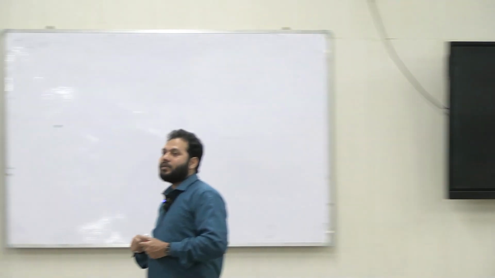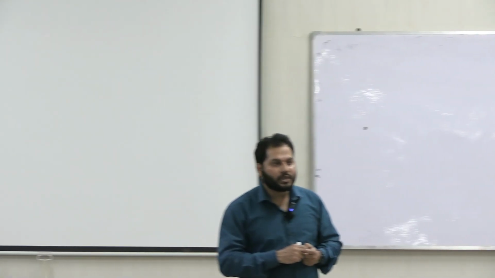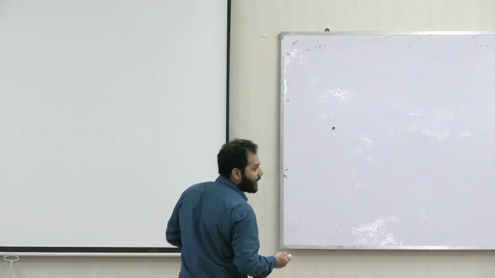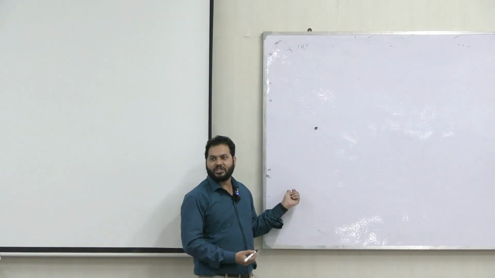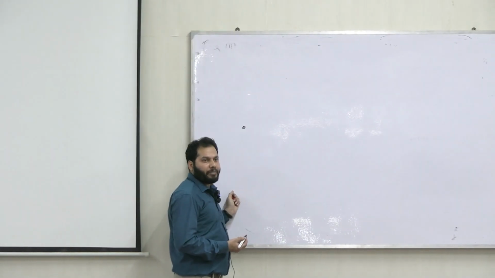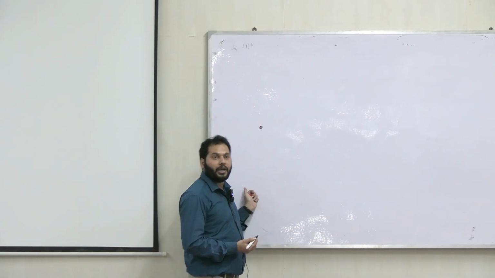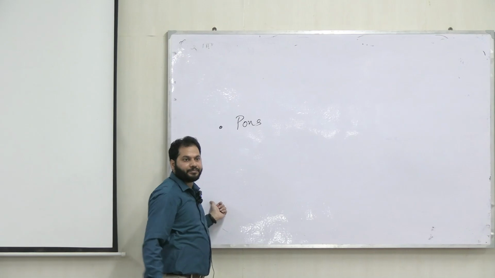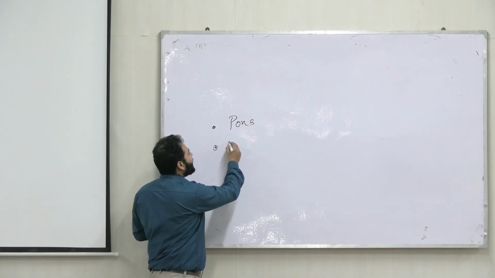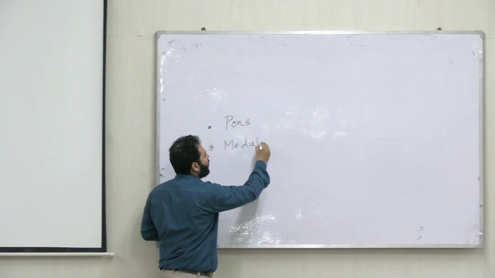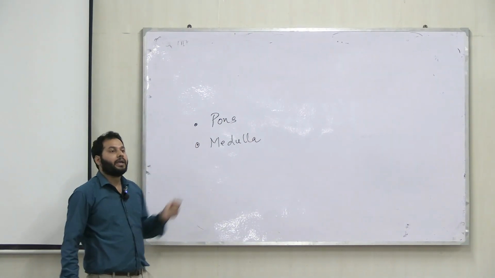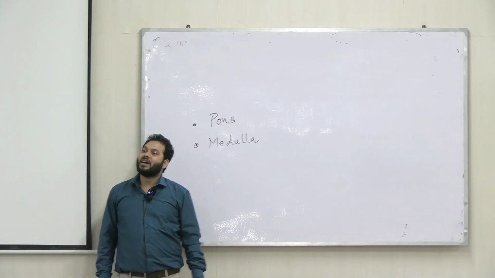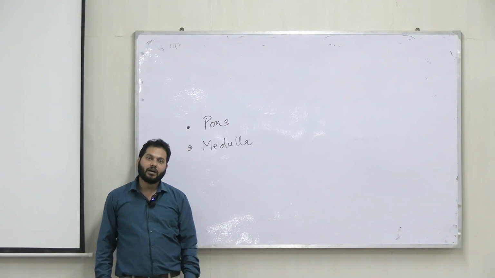Here, the neural regulation of respiration involves our brainstem, right? As most of us know, the brainstem contains two important parts that play an important role in the neural regulation process. One is our pons, and another one is the medulla, right?